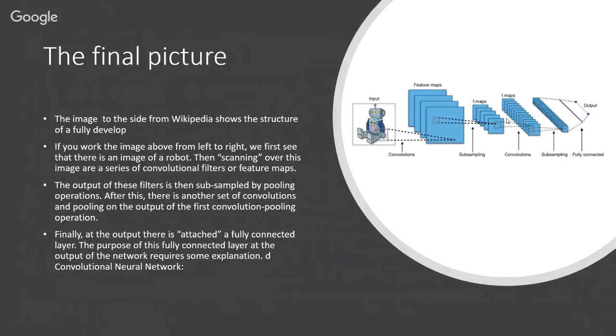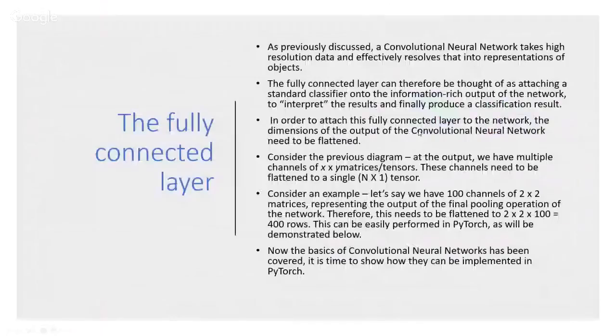After this, there is another set of convolutions and pooling on the output of the first convolution and pooling operation. Finally, the output is attached to a fully connected layer. The purpose of this fully connected layer at the output of the neural network requires some explanation, which I'll go into further. So, the fully connected layer.